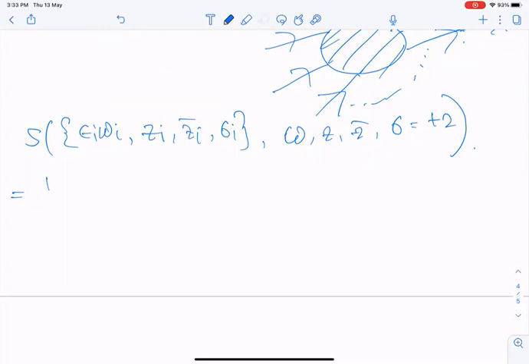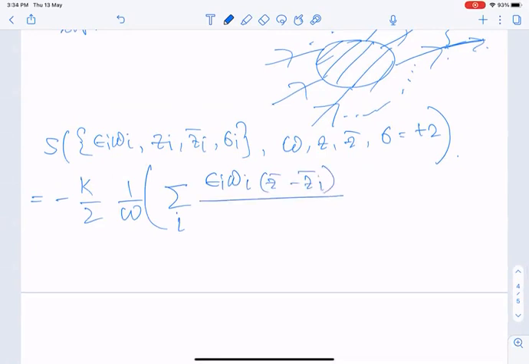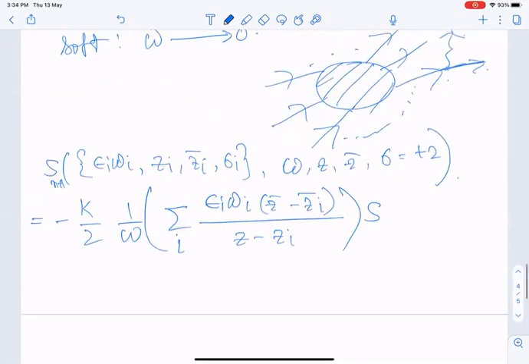The expression is given by minus kappa by 2, times 1 over omega, times the sum over i of epsilon_i omega_i z-bar, times your S. I have written everything in terms of omega and z-bar. So it's an n plus 1 particle scattering amplitude, and then this is S_n involving only the hard particles.